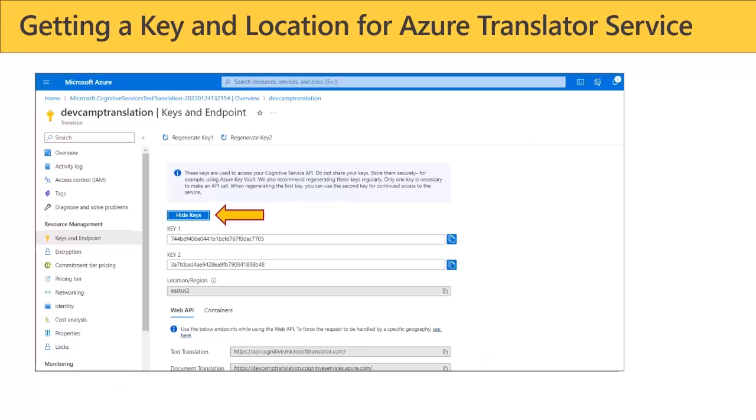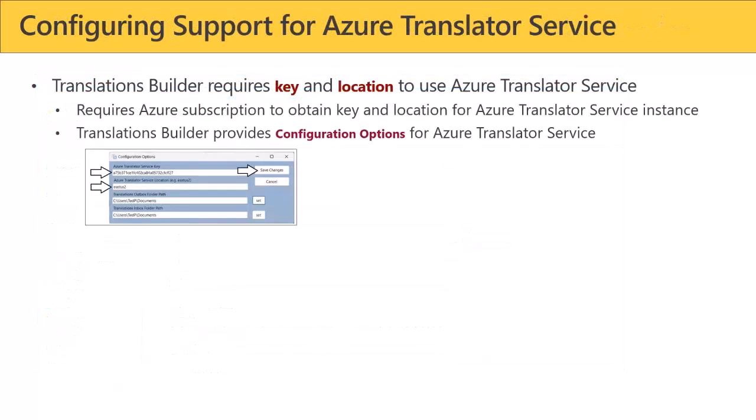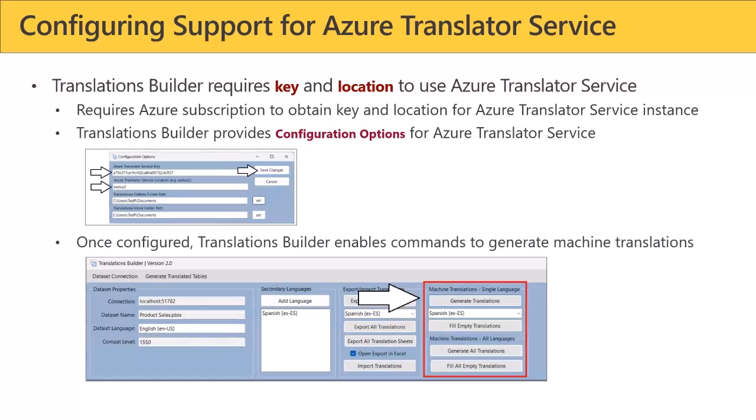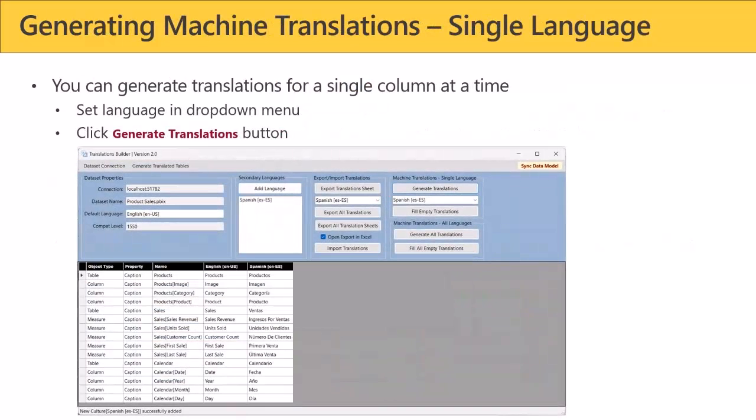You're going to take that key, and now we go back to Translation Builder, and it has an option to configure different things. Once you put that key in there, it's going to light things up inside here. Okay, so now that we have this, let's go ahead and generate translations.